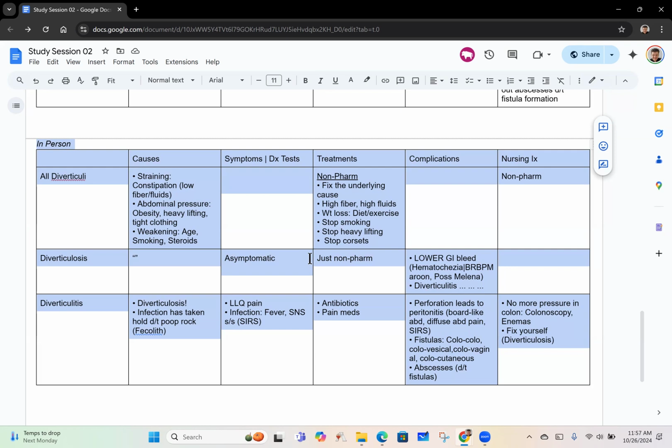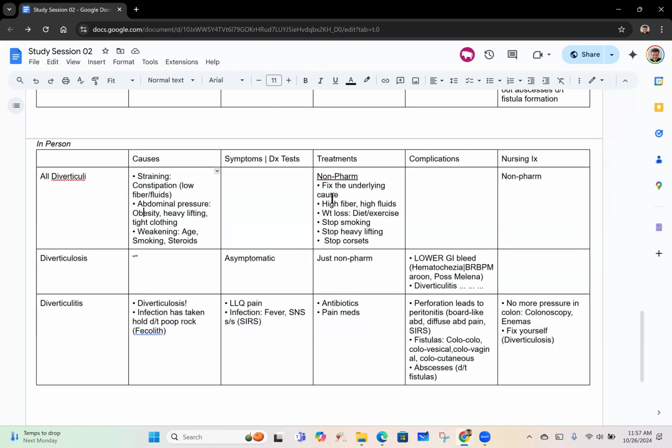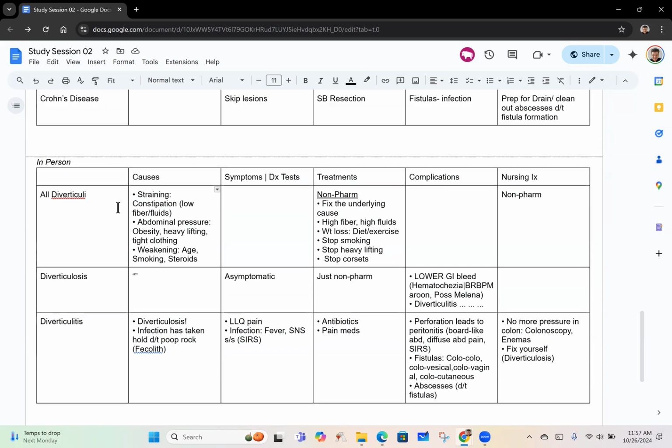No, I want you to recognize them and which one is for which one. I don't need you to know all the different pathophys and which chemicals are involved and which pathways are highlighted. That's to help you understand why we have this treatment and why we have this complication and why we have X, Y, and Z.